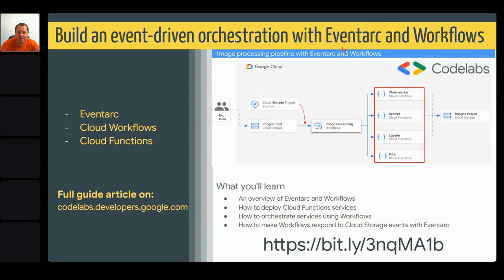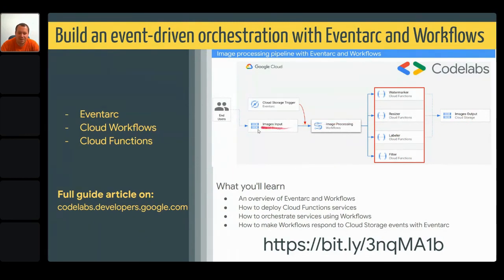And Eventarc as well. The Google Cloud team and Google Developer Relations have published a nice image processing pipeline codelab. You could try out to actually place an image on Cloud Storage. It does processing to add a watermark, a resize, a labeler, and a filter, and then produces the output image.